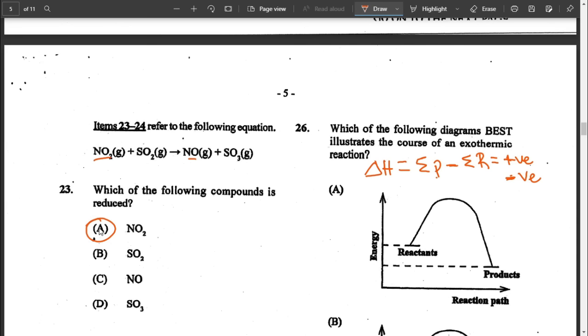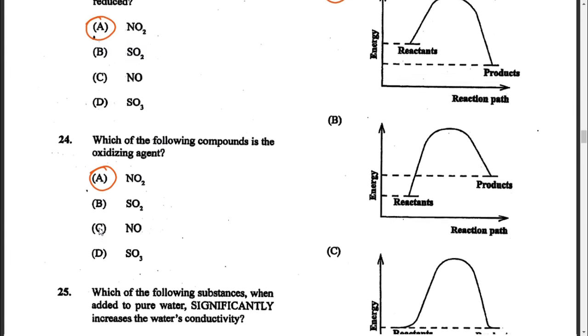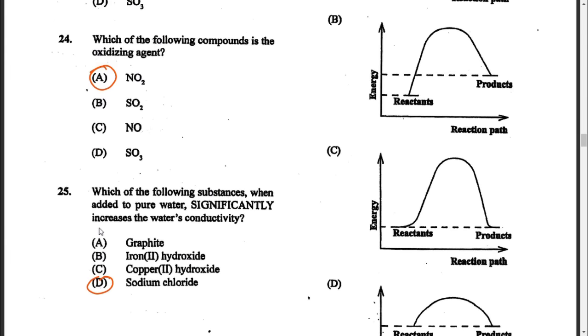And if you look at this graph, you can see that the energy value of the product is less than the energy value of the reactants. So the answer would be A, and that indicates the energy profile of an exothermic reaction. B would be endothermic.